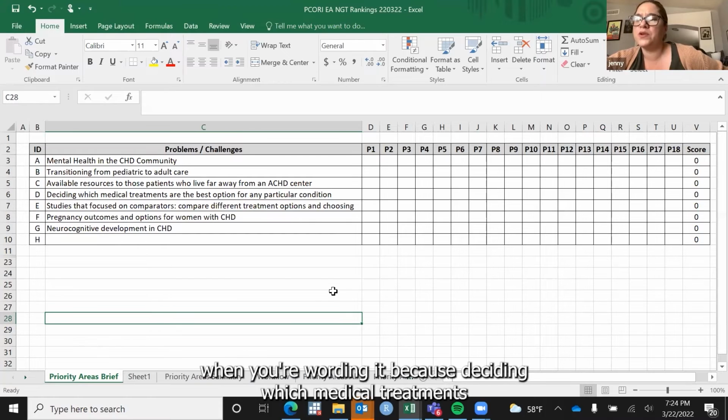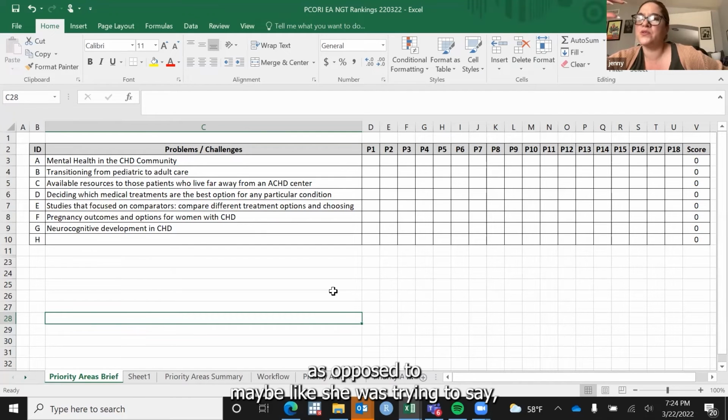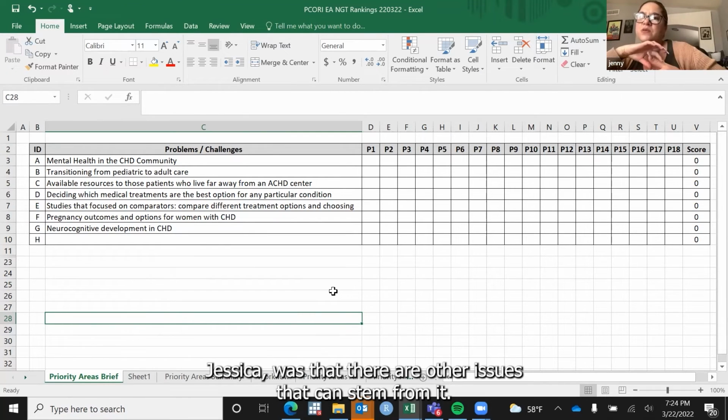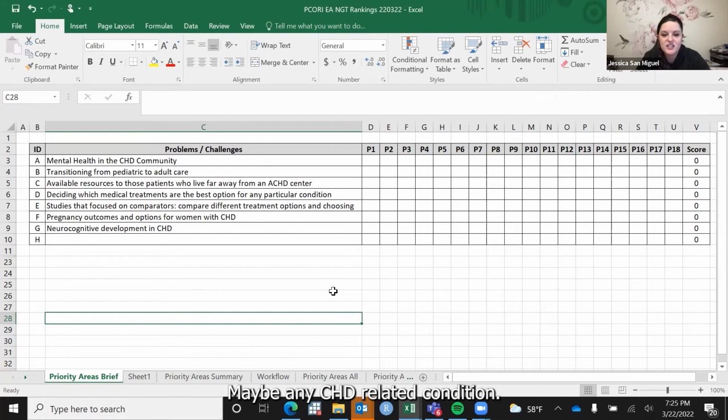Because deciding which medical treatments are best options for a particular condition means you're going to focus on one, as opposed to what Jessica was trying to say, that there are other issues that can stem from it. So maybe just removing particular and rewording that one. Maybe any CHD related condition?